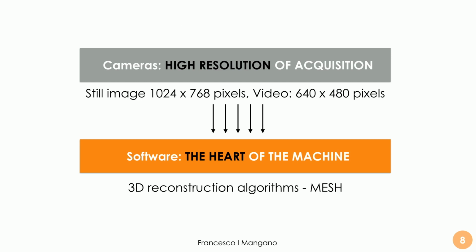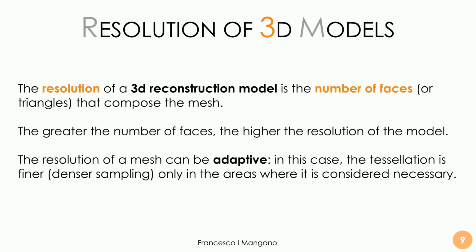And then I have the software. The software is the second, but the most important key element, the heart of the machine, because there are 3D reconstruction algorithms, because the software determines the mesh, and so the quality of the mesh, and so the number of triangles inside the meshes.